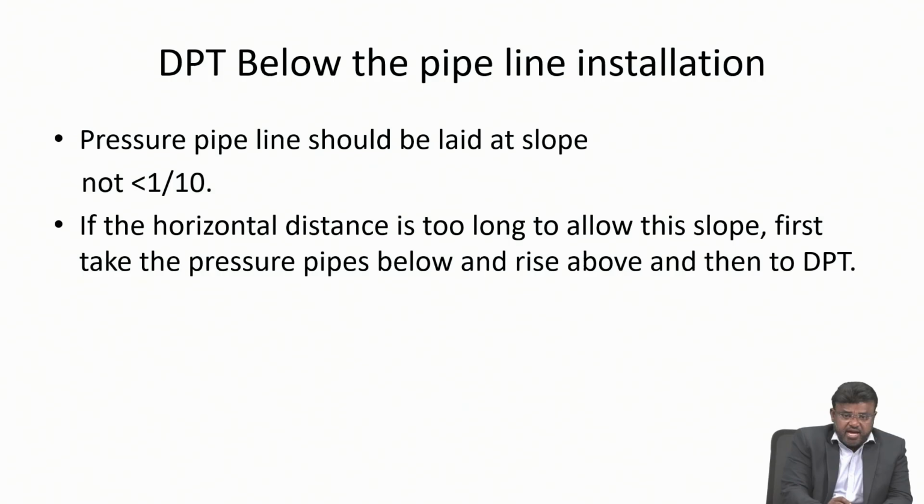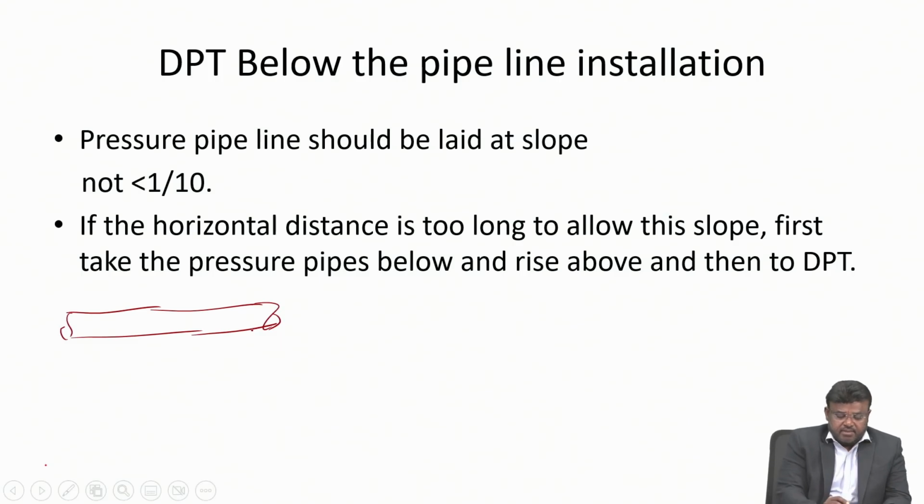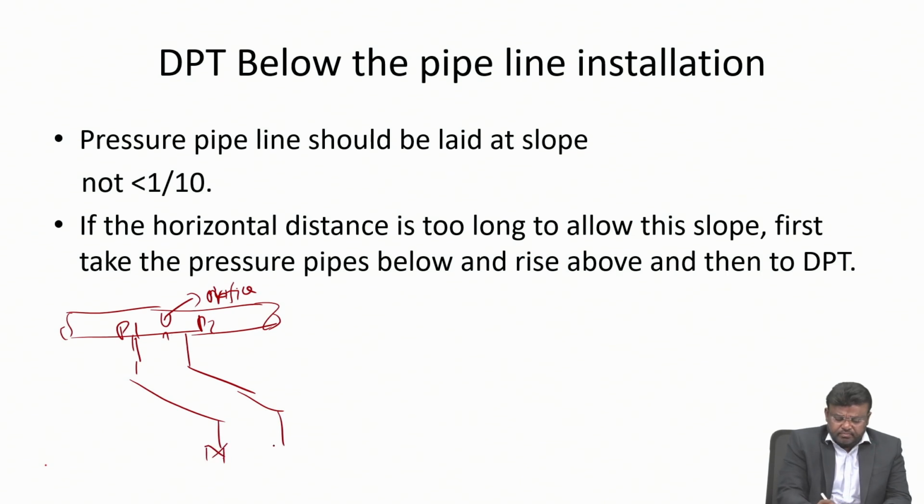That means suppose we have a pipeline, and this is the obstruction, an orifice. And here it is P1 and P2. I have to use valves like this.